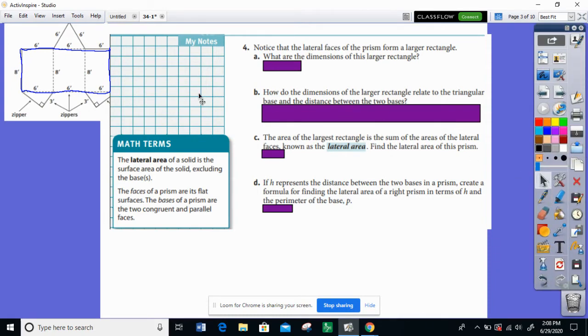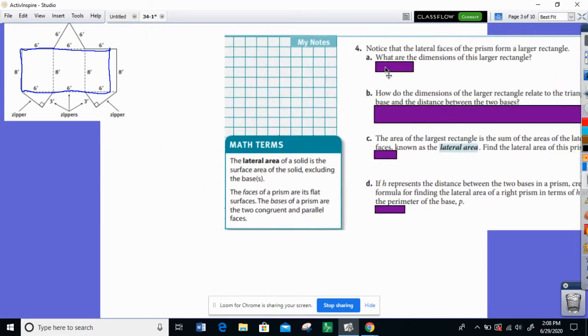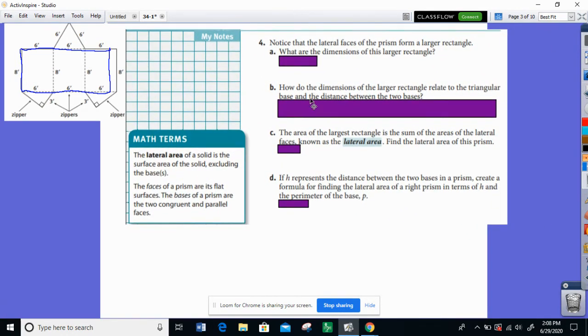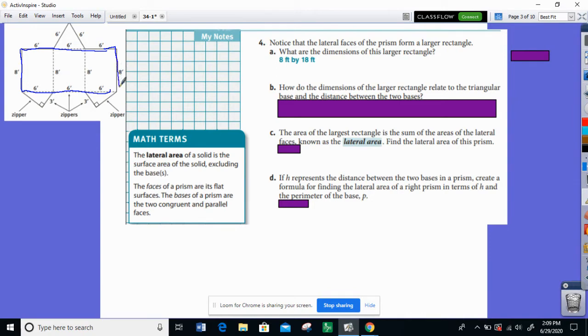So if we put the dimensions of this rectangle together, that would be 8 feet by 18 feet. 8 feet because that's the distance between the two bases, and 18 feet because that's 6 feet plus 6 feet plus 6 feet.